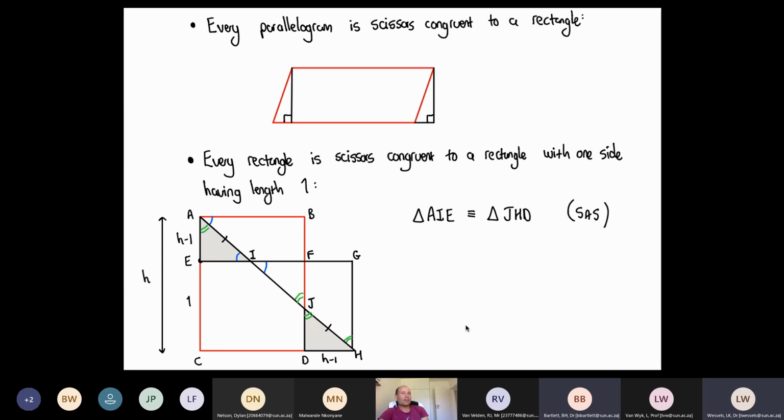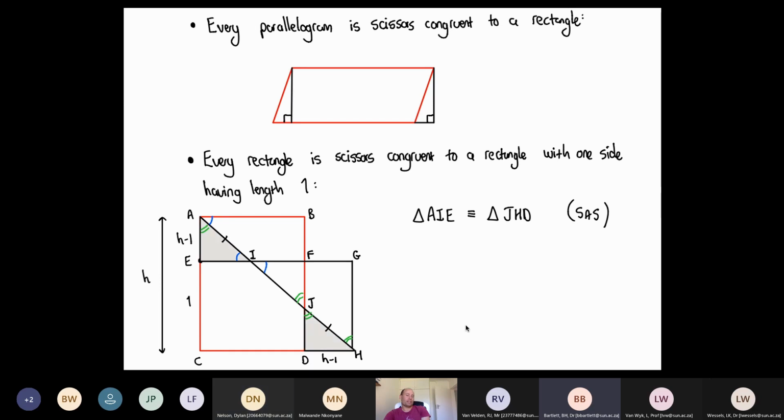I don't know, the way I see it, H minus 1 is the length between the right angle and the green, not the blue, the green angle. Yes, yeah. I admit to being confused. Sorry about that. I'm just going to power through, and we'll chat about this at the end. Okay.